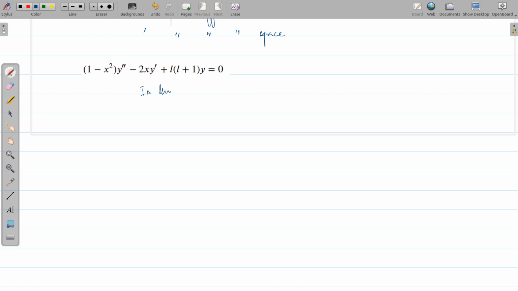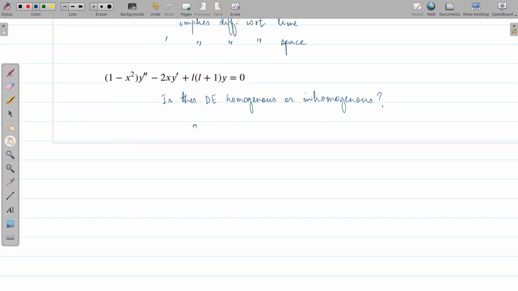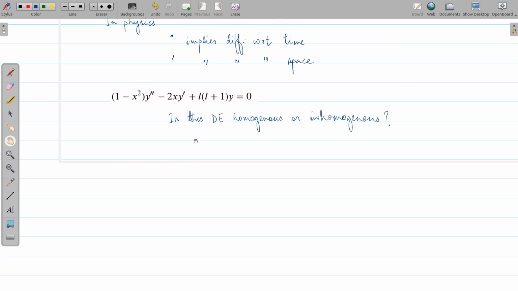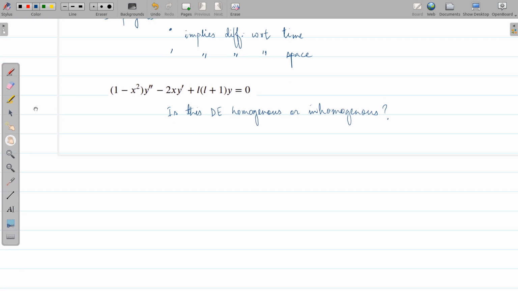Is this differential equation homogeneous or inhomogeneous? Anyone? Can anyone tell me? Do you know what is a homogeneous or inhomogeneous differential equation? Any idea? You have to know this, okay?